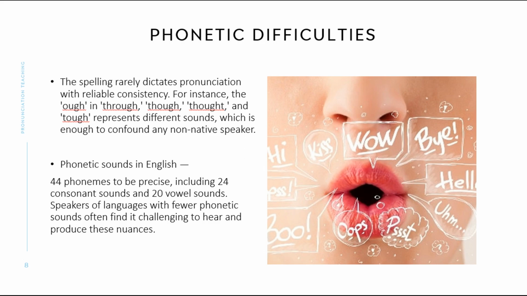Phonetic sounds in English: 44 phonemes, to be precise, including 24 consonant sounds and 20 vowel sounds. Speakers of languages with fewer phonetic sounds often find it challenging to hear and produce these nuances.